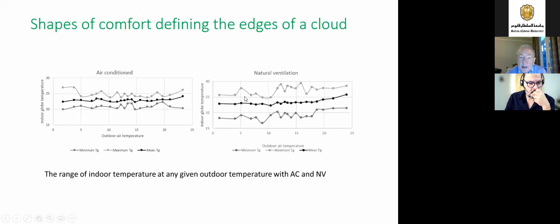And what you find is that if you take the outdoor temperature and find the range of temperatures that are found comfortable, in the air-conditioned buildings it is quite narrow. In the naturally ventilated buildings, the range of indoor temperatures is much larger. It's about twice as much.